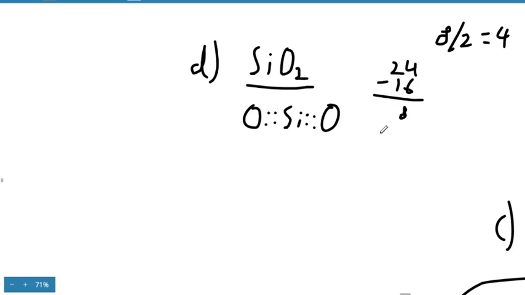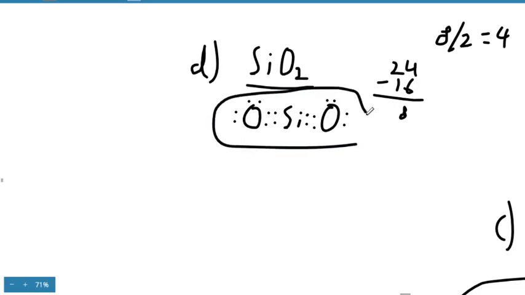And then from this, we see that silicon already has 8 electrons, but we still need to add 2 for each oxygen. So right now we used 1, 2, 3, 4, 5, 6, 7, 8. We used 16 electrons and we have 16, so that means we're done with this one. Okay, and that's it.